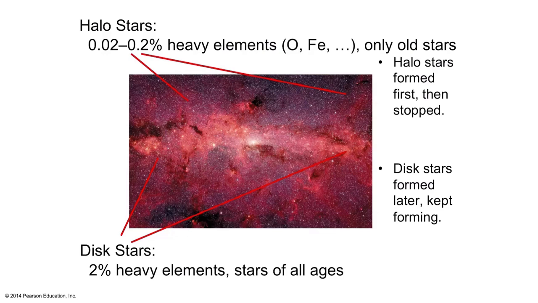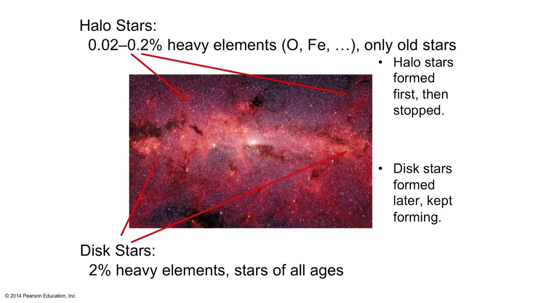And on average, when you look at halo stars, 0.02 to 0.2% of them are heavy elements beyond helium. And when you look at the disk stars, it's more like the sun, which has about 2% of heavy elements, stars of all ages. And so you can see you've got two components.